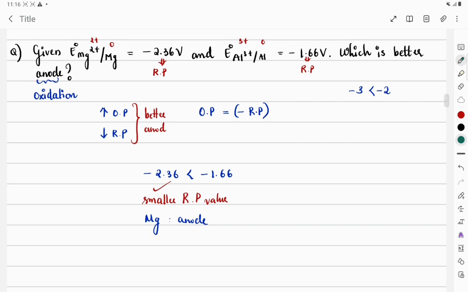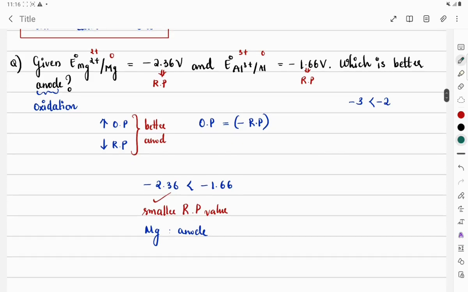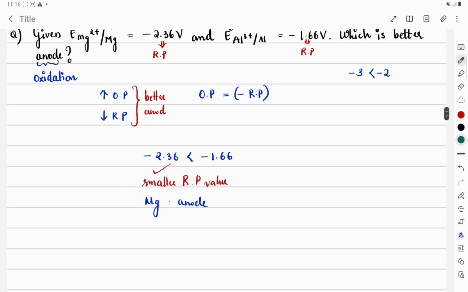If this is going to confuse you, there is another way to do this. Since you want the anode, which is oxidation, and what you have got is both reduction potentials, just convert both of them into their oxidation potentials. How would you do that? Since reduction potential is given, you need to convert it into oxidation potential, which means Mg to Mg2+.